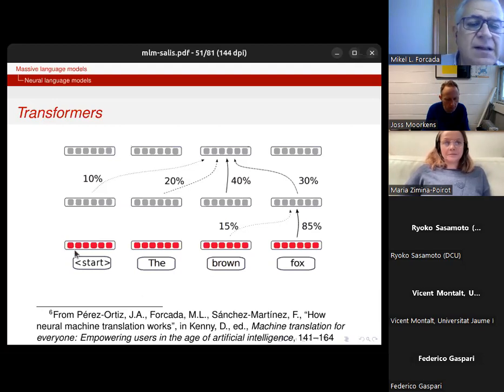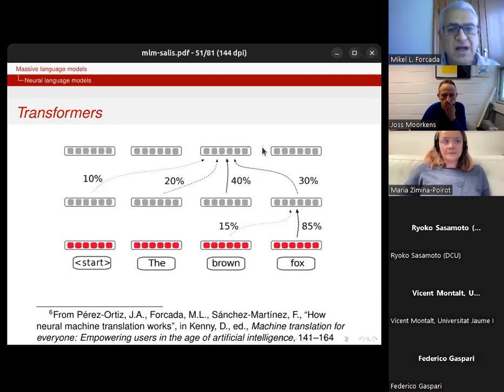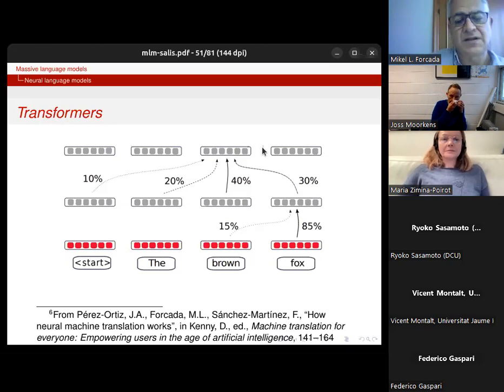In the next stage, apparently the representation for fox has received 15% of input from brown, and later on the representation for brown has received inputs from these other words. So each time you incorporate context into the representations that you're going to use.